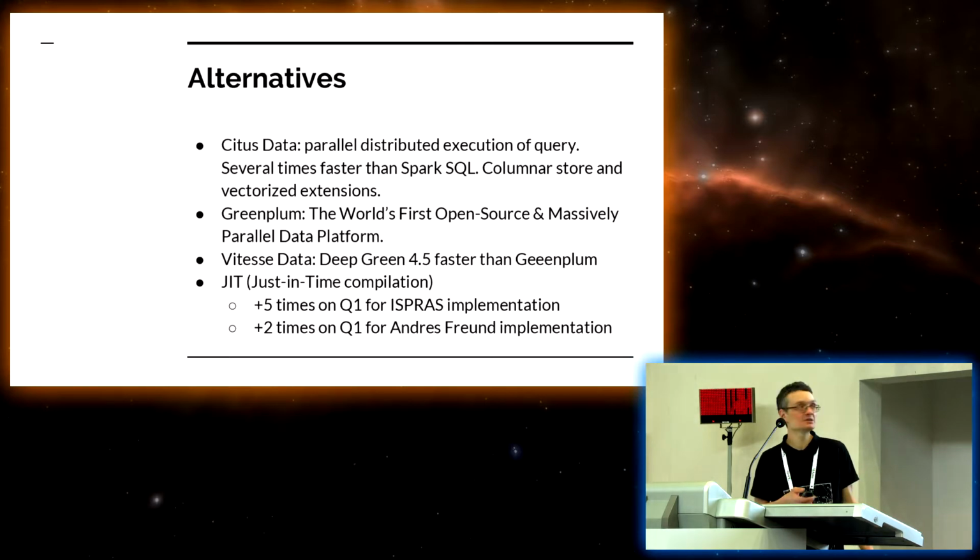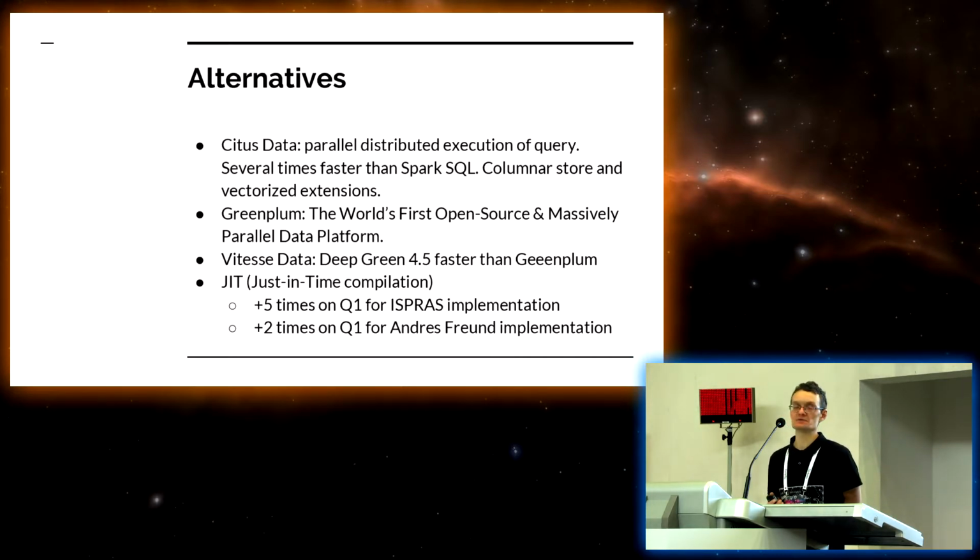What are the alternatives? Actually, there are quite a lot of alternatives. There is CitusDB, which was implemented with C-Store for the first time. They also showed the results for the TPCH. They showed the results which were much better with Mark Sipple, only the version was quite ancient. At the moment, Mark Sipple is much better and much quicker.